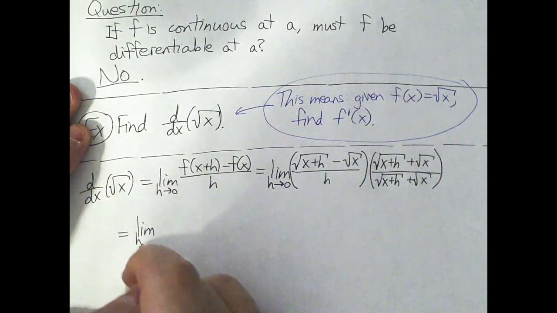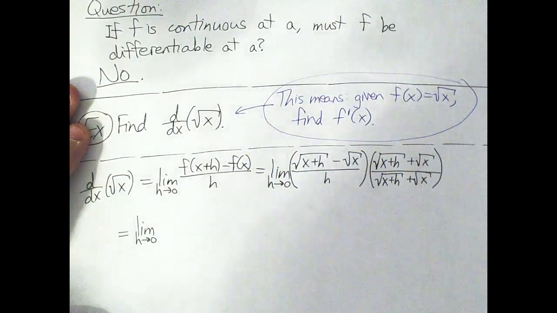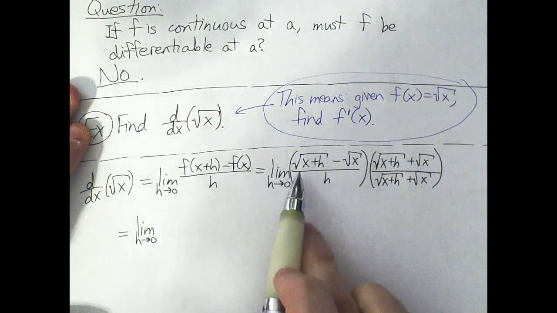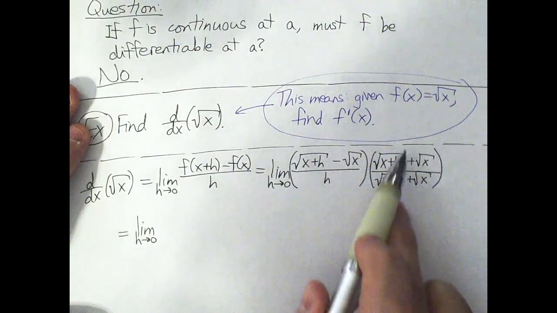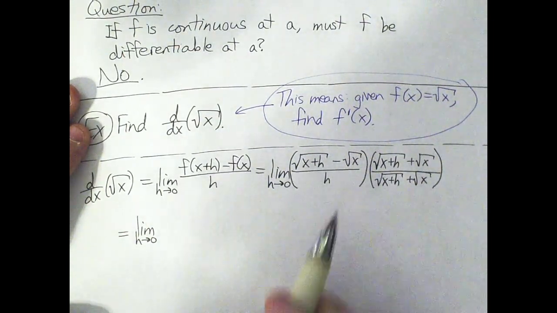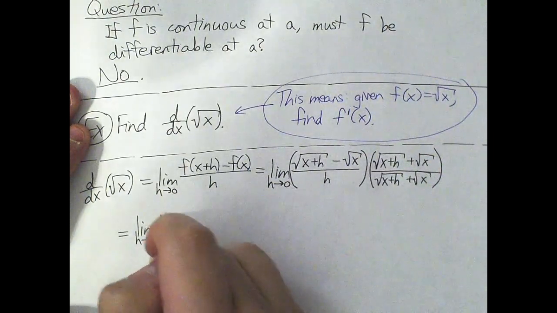The algebra is going to work out. So limit as h goes to 0. Let's distribute the numerators and see what happens. In general, multiplying by conjugate over conjugate does help you simplify things that involve square roots. So the square root of x plus h times the square root of x plus h is x plus h.